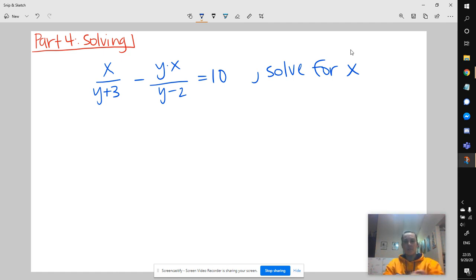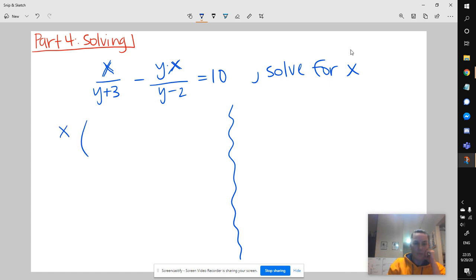We can do 2 things here. There's x's in both of these. So we can actually just factor it out. Right, factor out an x.